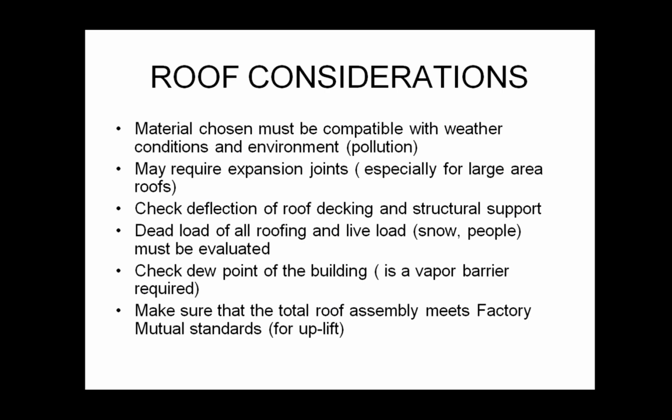So when you're thinking of what material or what method of vapor control and insulation and topping you're intending to use on your roof, you have to think of a couple of things. Number one is making sure that the roof will work in the environment where you're building. The design of a roof in New York City or Boston is going to be far different from the design of a roof in, say, Florida or New Mexico.